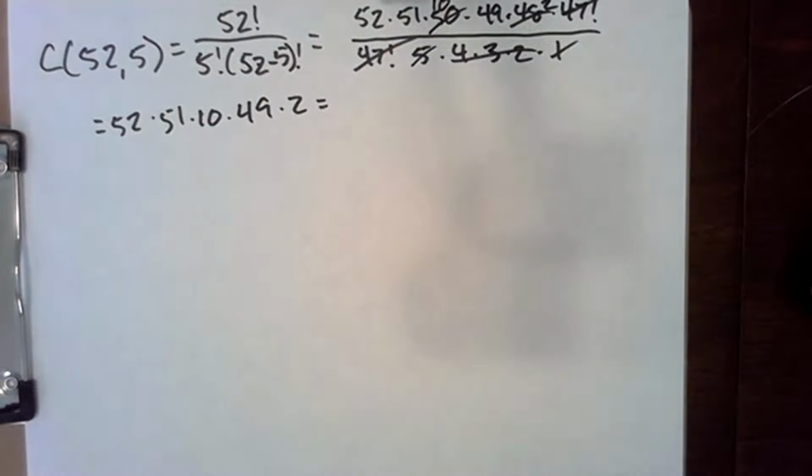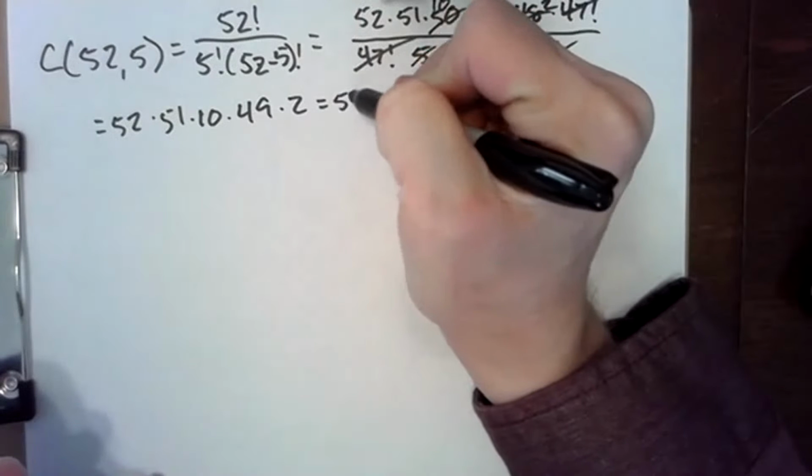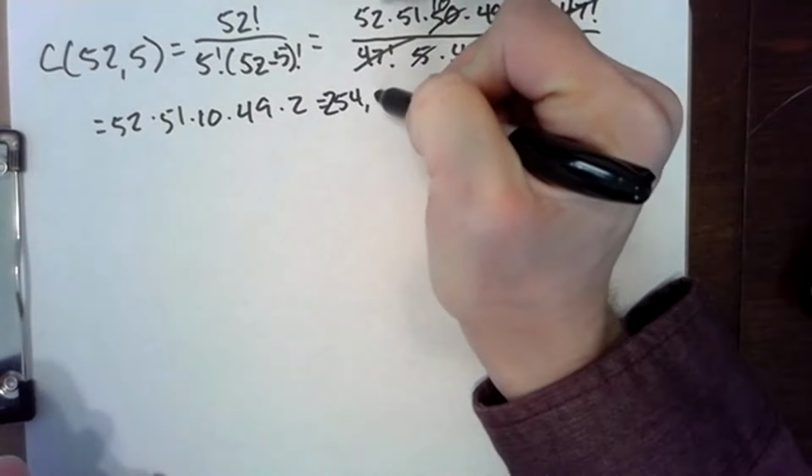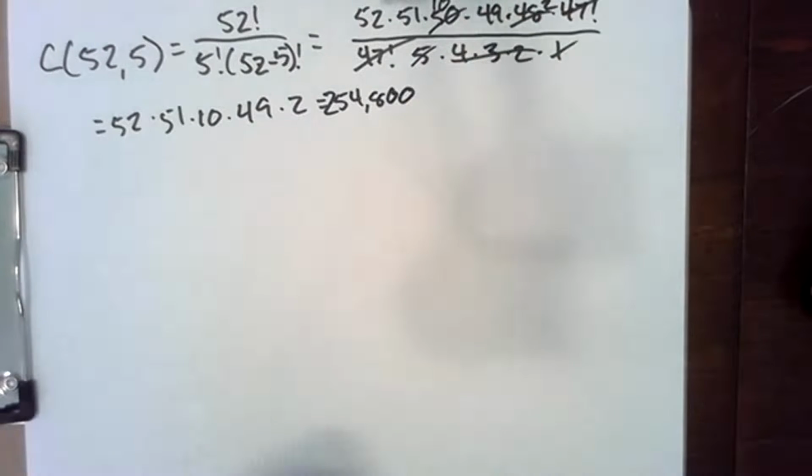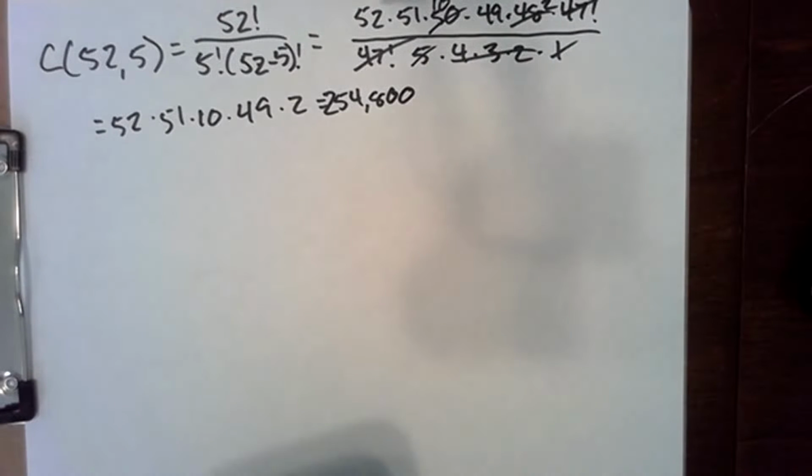And when we run that through a calculator, 52 times 51 times 10 times 49 times 2 is 254,800. That is the total. The book disagrees with me, which means I did something wrong. Let's see, where did I mess up?